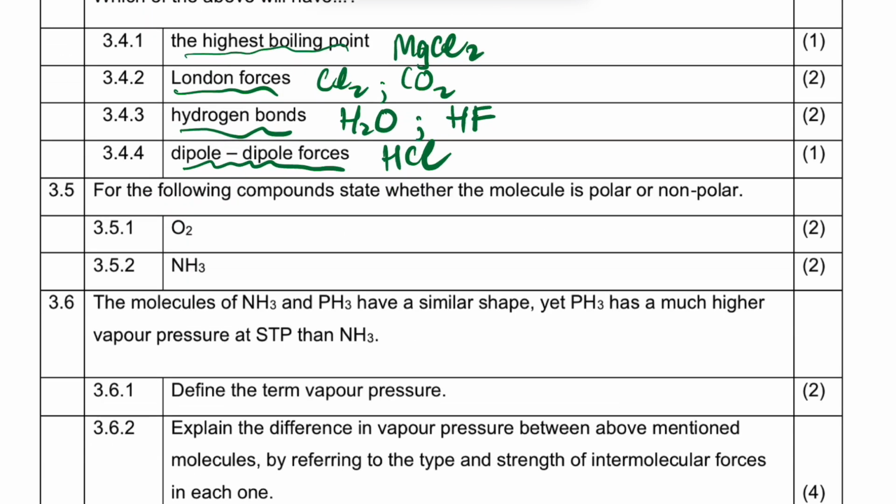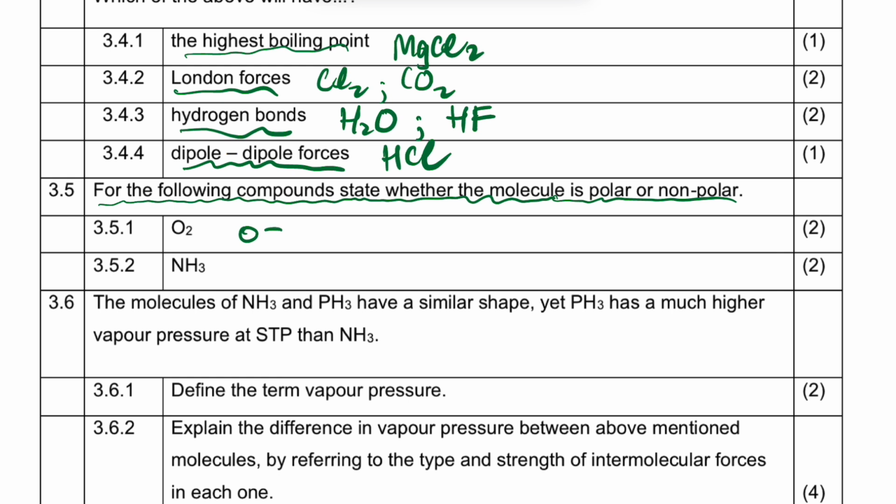Now, it says here, for the following compound, state whether the molecule is polar or non-polar. Okay, the oxygen, guys, it's a non-polar, but you don't just say it's a non-polar. Why is it a non-polar?